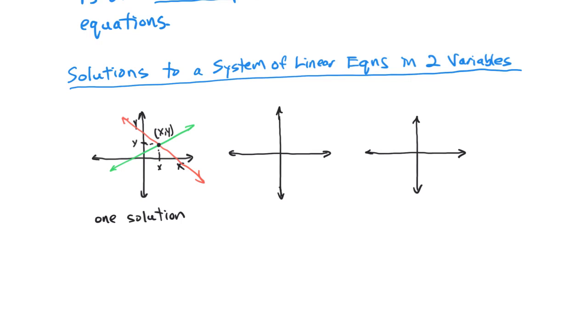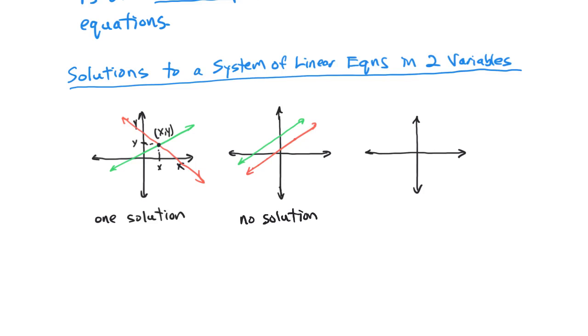So that's one thing that could happen. Another thing that could happen is, let's say one line goes like this, and we make our other line, and it goes like this. It's parallel. So in this case, there's no solution. There's this red line here. This represents all the solutions to this equation.